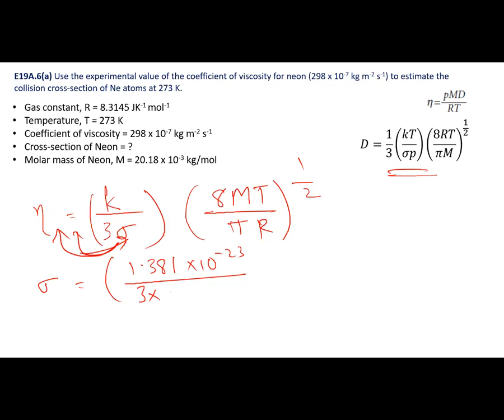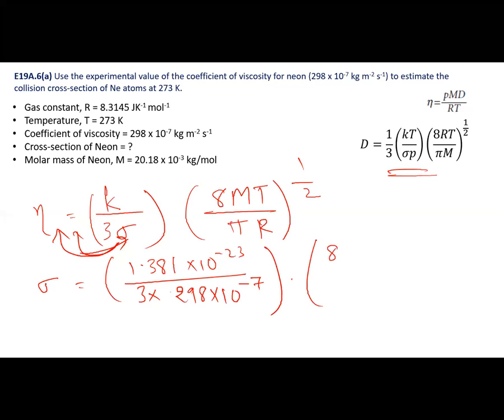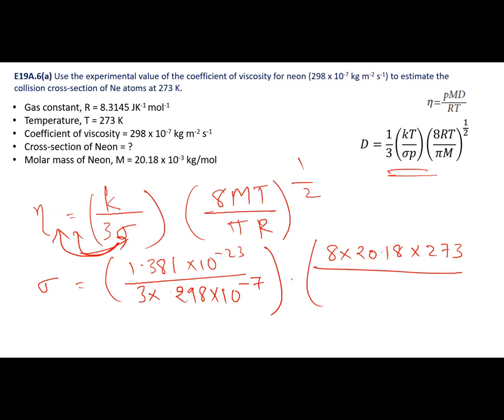So it becomes sigma, and then eta is equal to 298 times 10 power negative 7, 8 times 20.18 times 273 times 10 power negative 3, because the molar mass is in terms of kilograms, and it's 3.14 times the gas constant 8.3145. Right, you can solve this math.